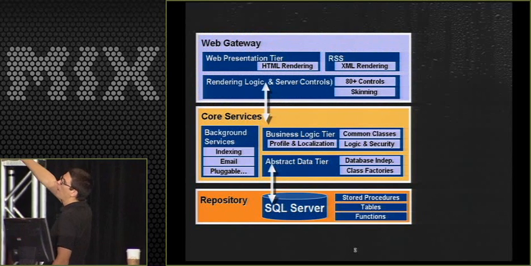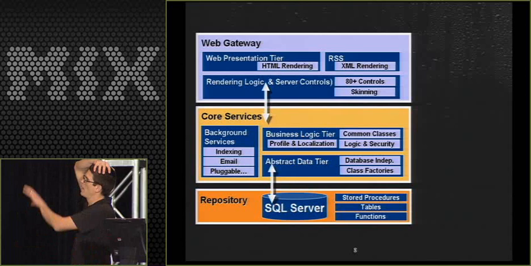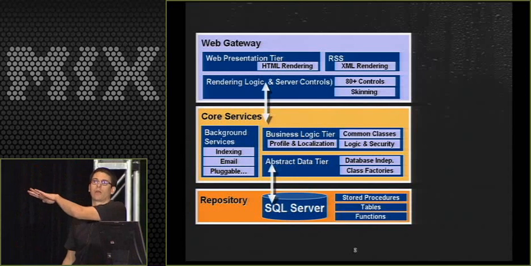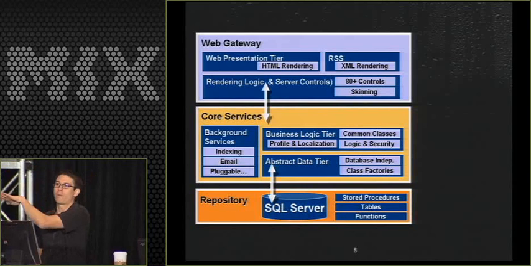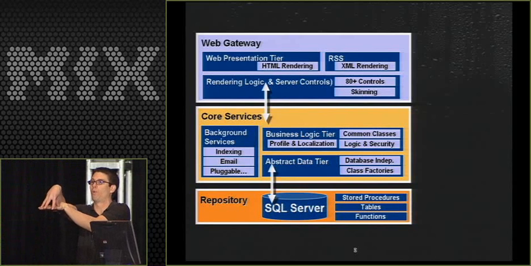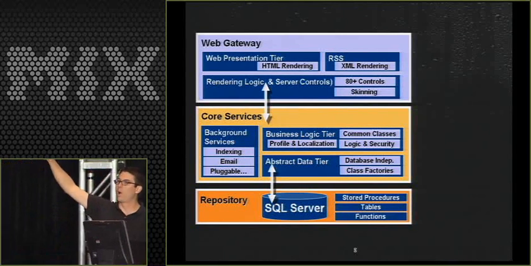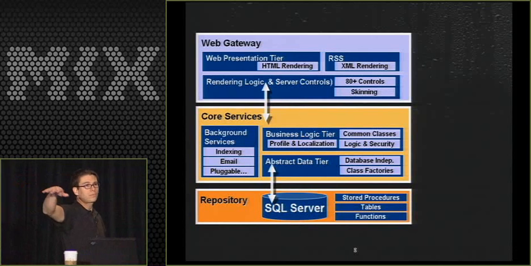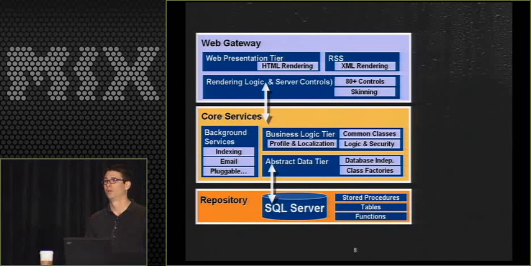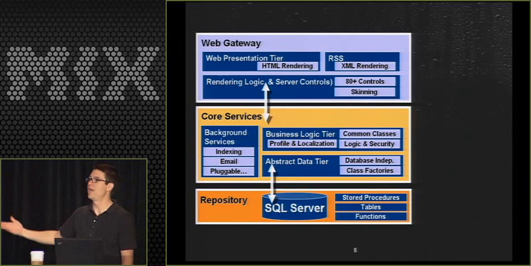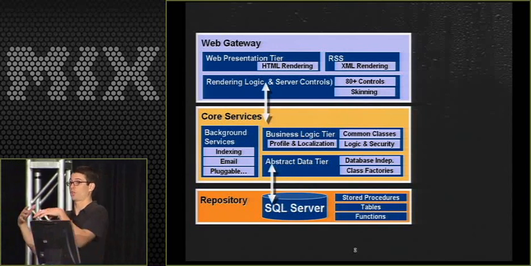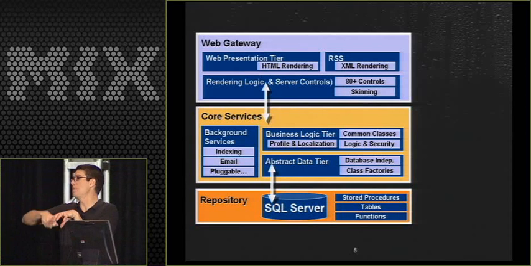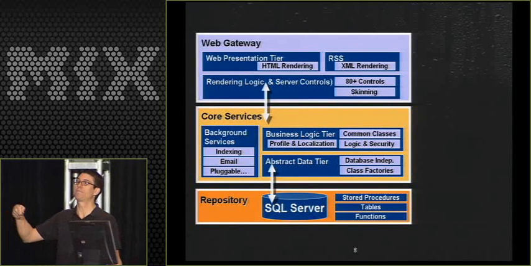From the web gateway side, you'll notice I'm using the term gateway, and I think it'll become more apparent in just a second why we're terming it gateway. But from the web gateway point of view, meaning how we access the app from a web application, the presentation is all done through server controls. So we've taken the ASP.NET development model of writing these object-oriented classes that can be represented as XML tags and pages.